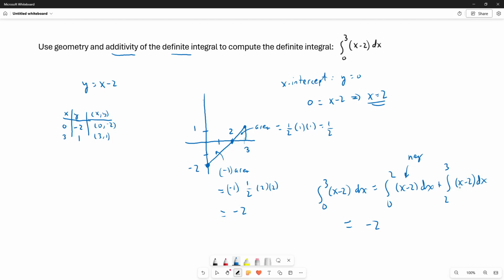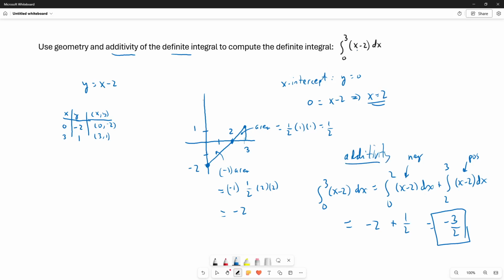And for the second integral, our function is positive, and so the integral is the area, which is 1/2. So negative 2 plus 1/2 is negative 3/2. So this is the integral by geometry, and this is the additivity of the integral.